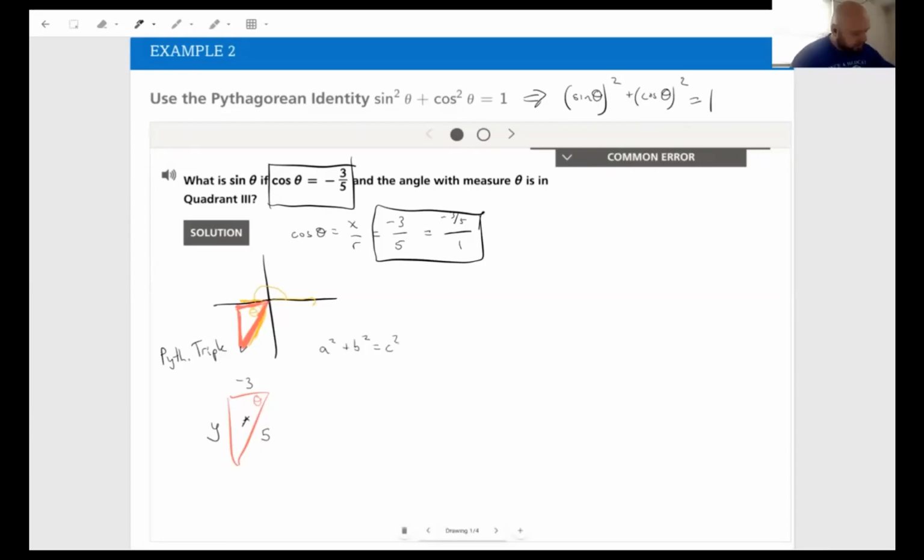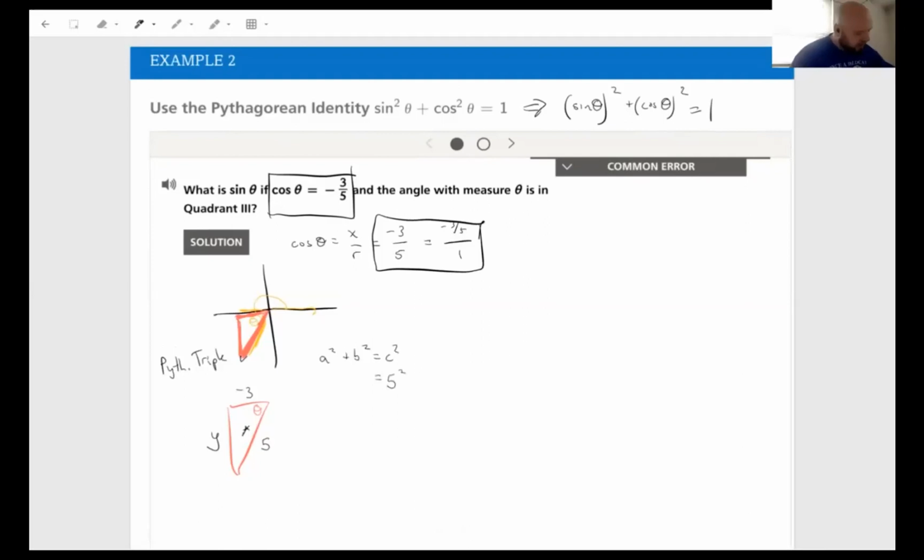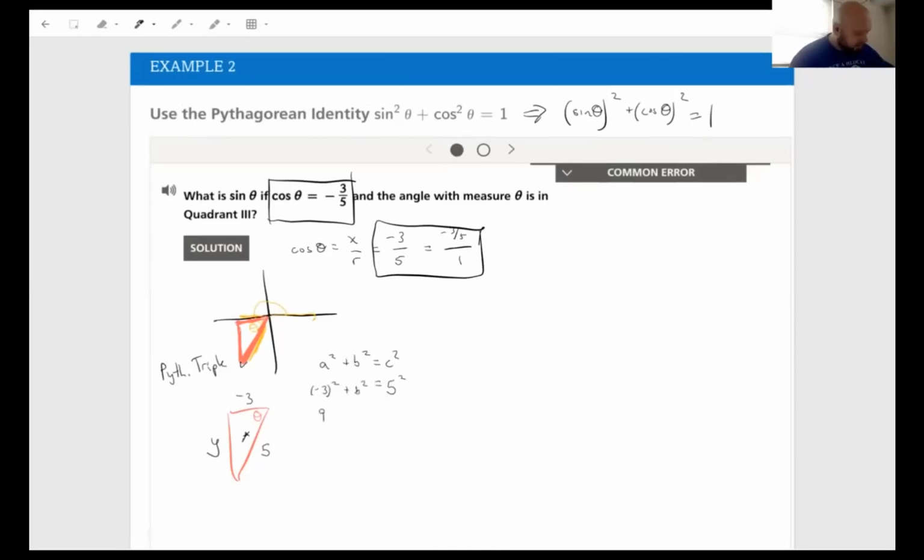So c has to be 5. I'm just going to say a is -3 and b, I don't know. -3 squared is 9. 5 squared is 25. I need to subtract 9 from both sides, and when I do that, I get 16. So that means b has to be 4.